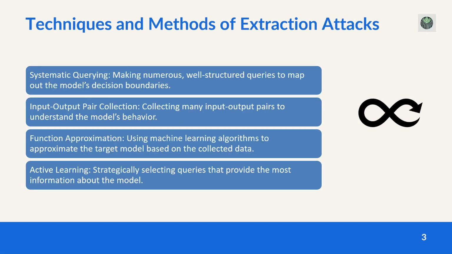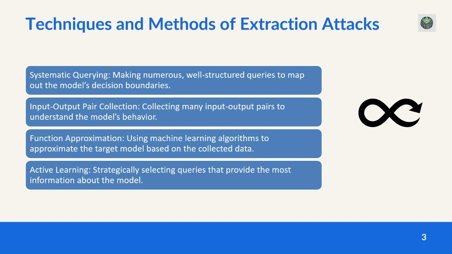So now let's talk about some of the techniques used in extraction attacks. One of the primary methods is systematic querying. This is where attackers submit numerous well-structured queries to map out the model's decision boundaries. Another common technique is input-output pair collection, where attackers collect large sets of input-output pairs to understand how the model behaves.